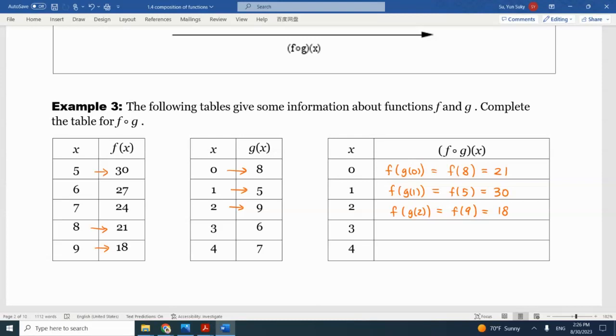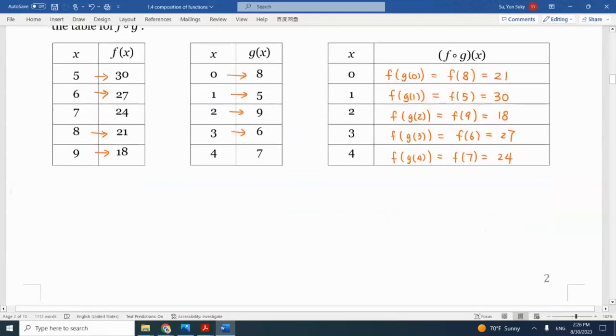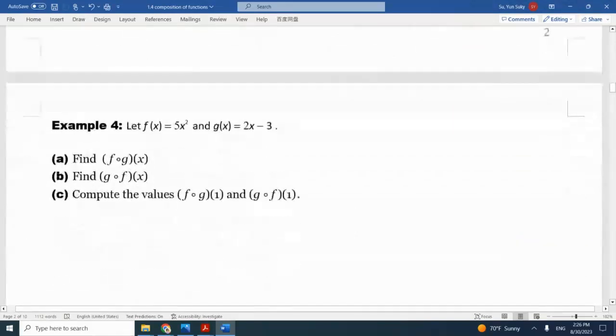F of 6 is 27. So F of G of 4 is F of 7, which is 24. So this is, given the table values, how we compute the composite. Good. Everybody finished?